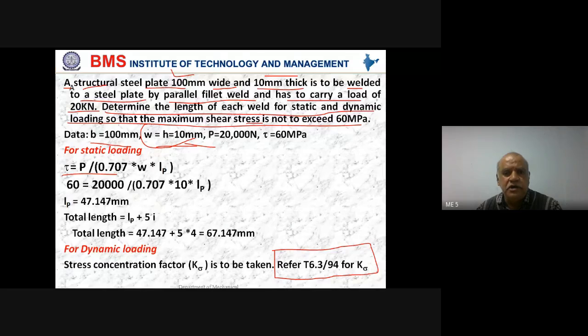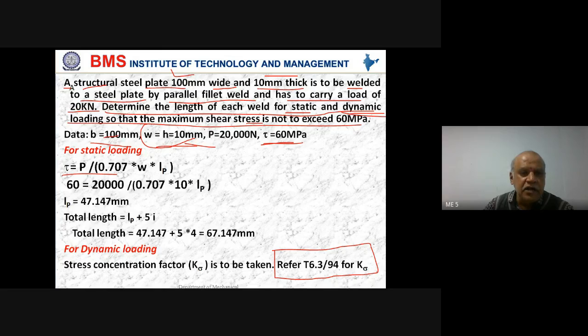We need to determine the length of each weld for static and dynamic loading so that the maximum shear stress does not exceed 60 megapascal. For dynamic loading, hold on for the time being. Let's look at only static loading.